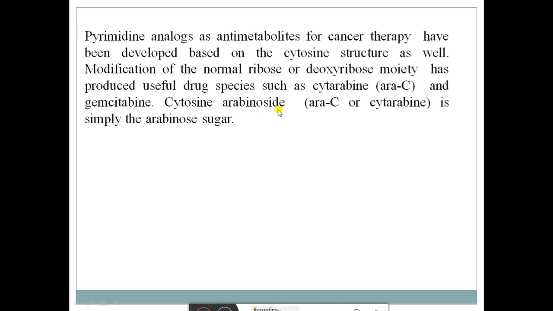The cytosine arabinoside, that is Ara-C or cytarabine, is simply an arabinose sugar. This is a modified drug, and it is also involved in the earlier stages of DNA formation for cell division, that means formation of the sugars.